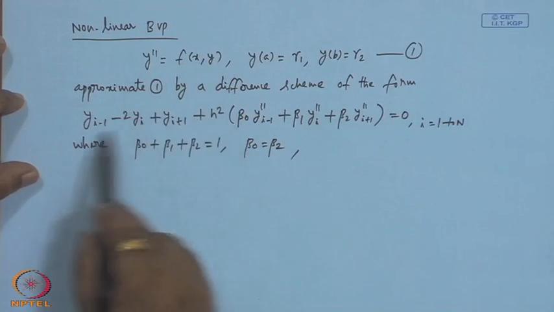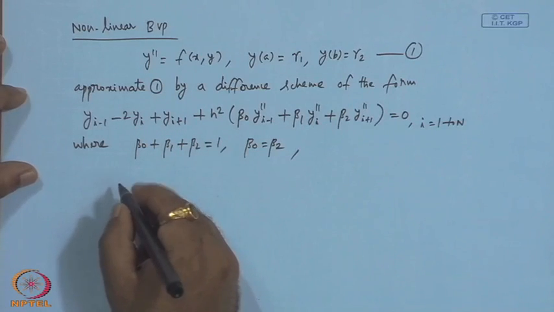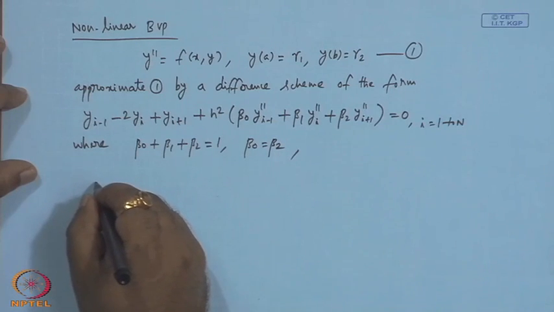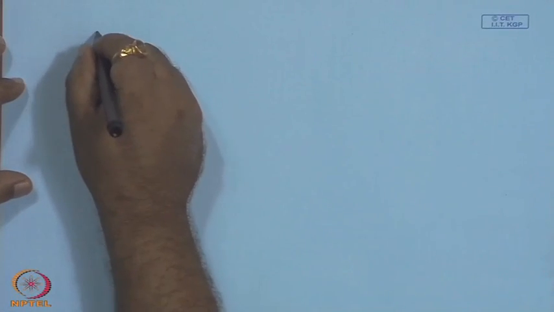So, this entire thing has been approximated by this, but with a specific condition. Then the discretized equation can be put in the form.